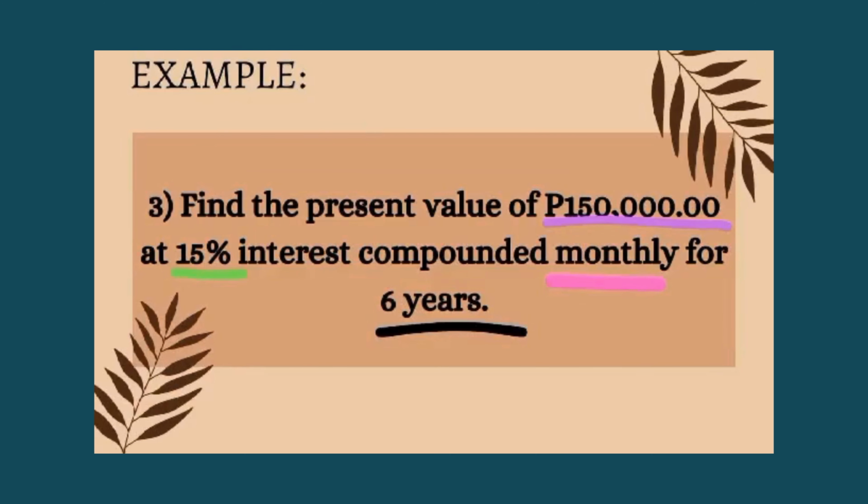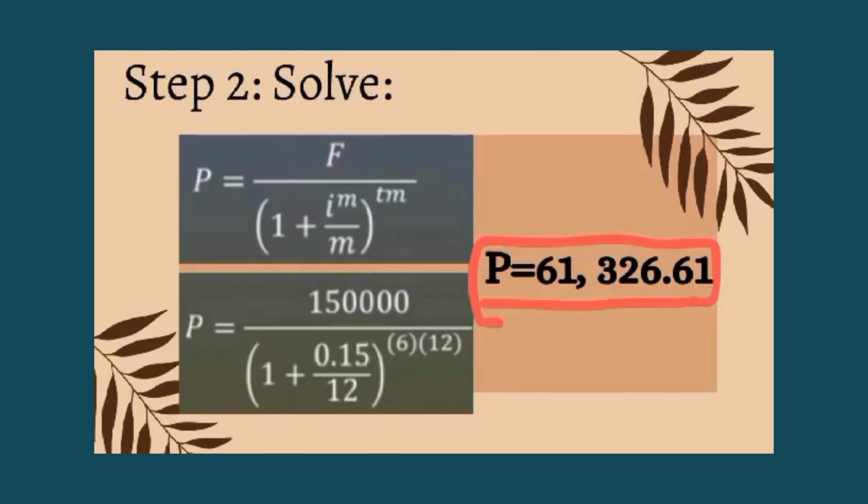For example, find the present value of 150,000 at 15% interest compounded monthly for 6 years. So, after we find the given, we are now going to solve. So, it is the present value. So, P is equal to F over open parenthesis 1 plus IM over M to the power of TM.